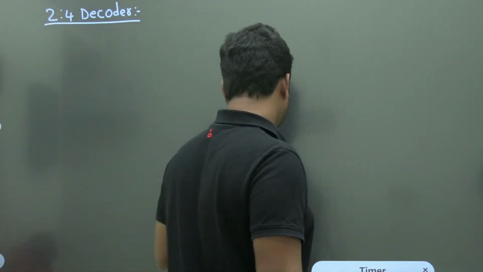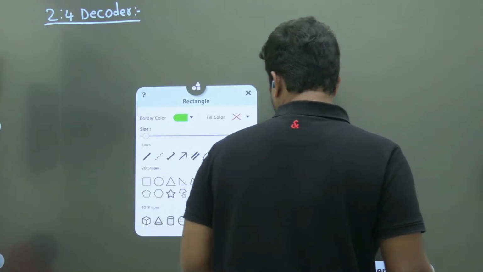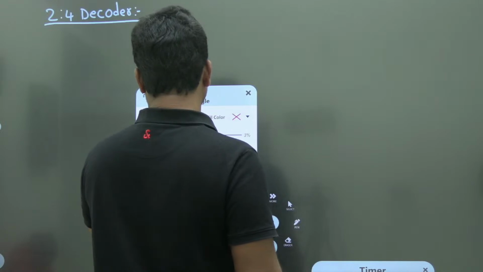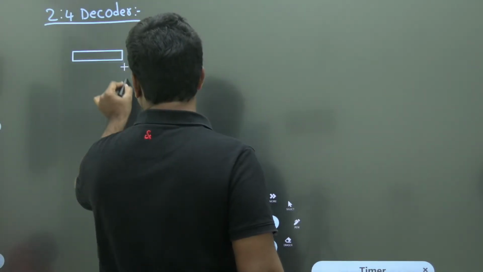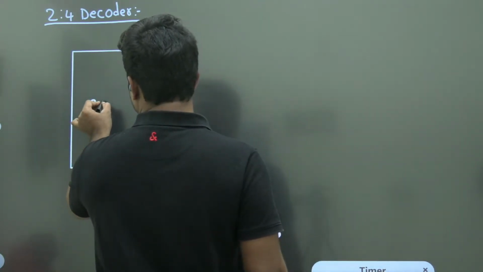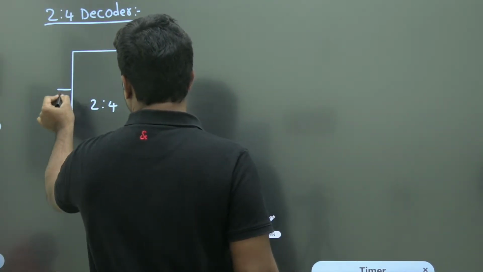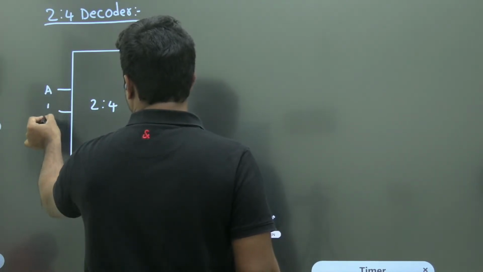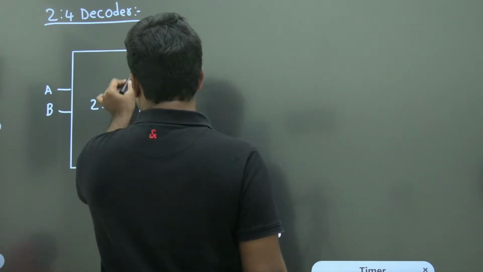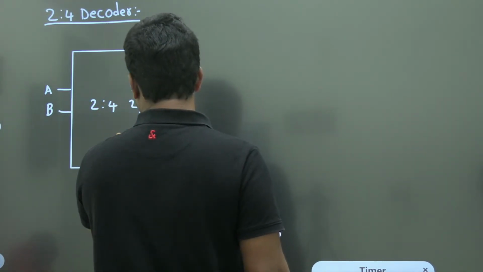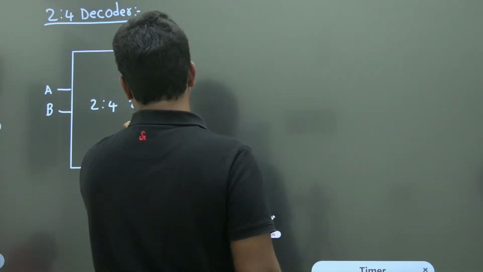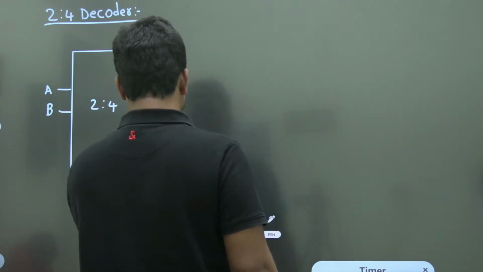2 by 4 decoder. It contains 2 inputs and 4 outputs. The inputs are named A, B, and one extra input is enable, and 4 outputs Y0, Y1, Y2, Y3.